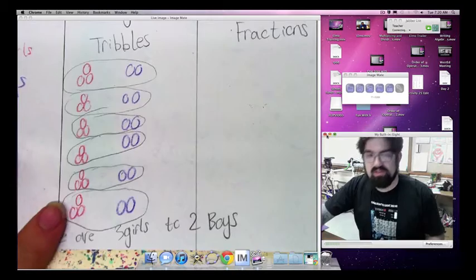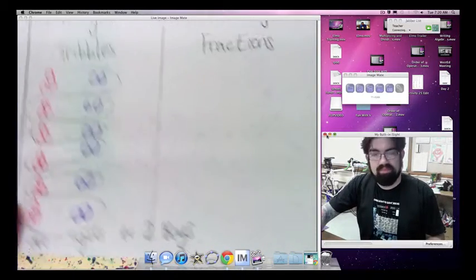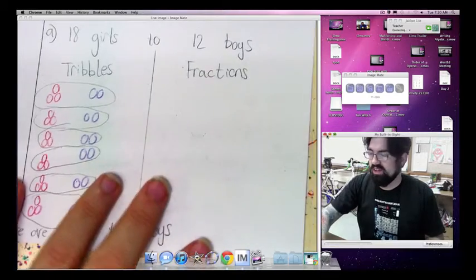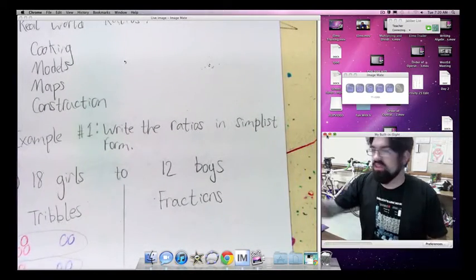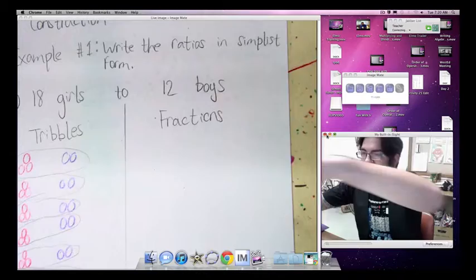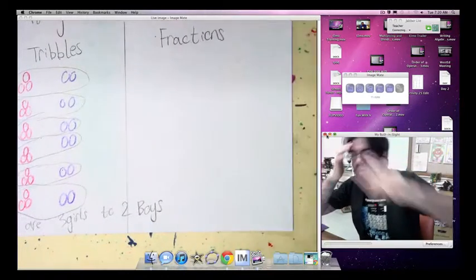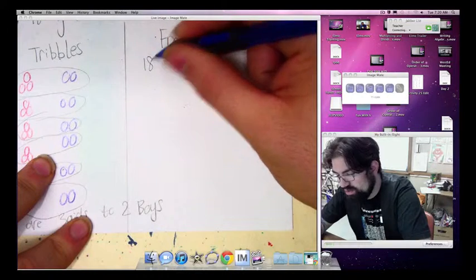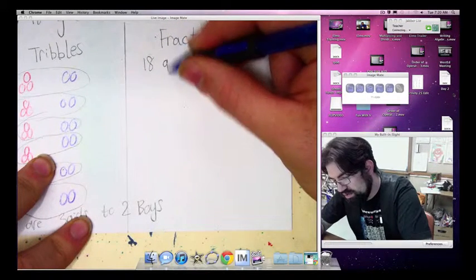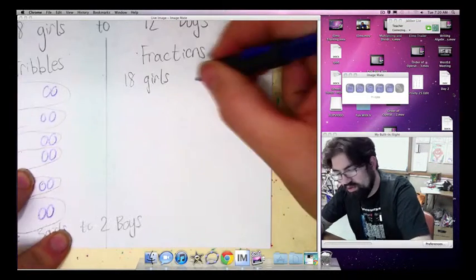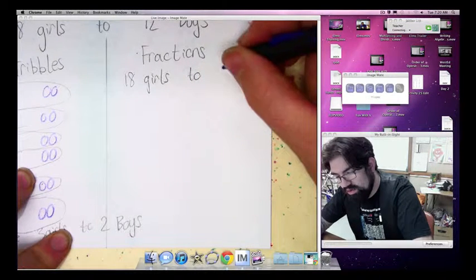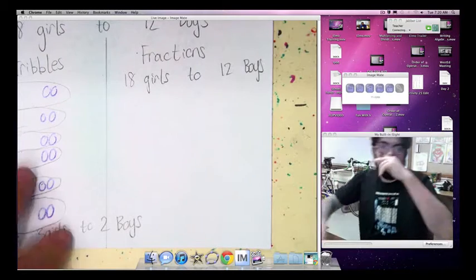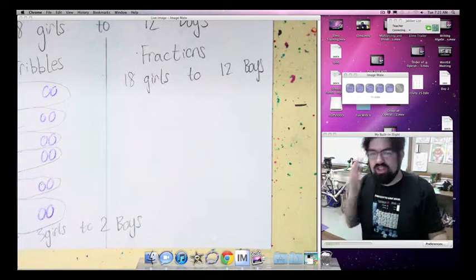Now fractions. Let's zoom this out a little bit. With fractions, it's basically the same thing, but not really. What you do is you take 18 girls, 12 boys, and it's actually just like fractions.